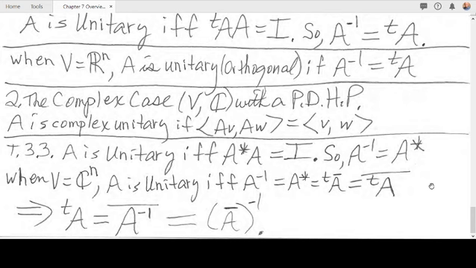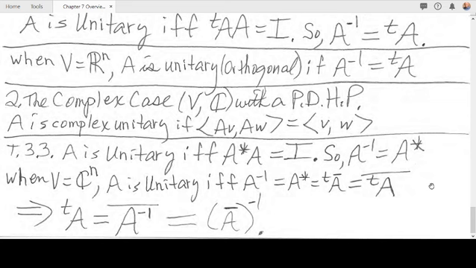A is unitary if and only if A star A equals the identity, meaning the inverse of A is equal to the adjoint A star. So when V equals Cn, we note that A is unitary if and only if its inverse is equal to its adjoint.